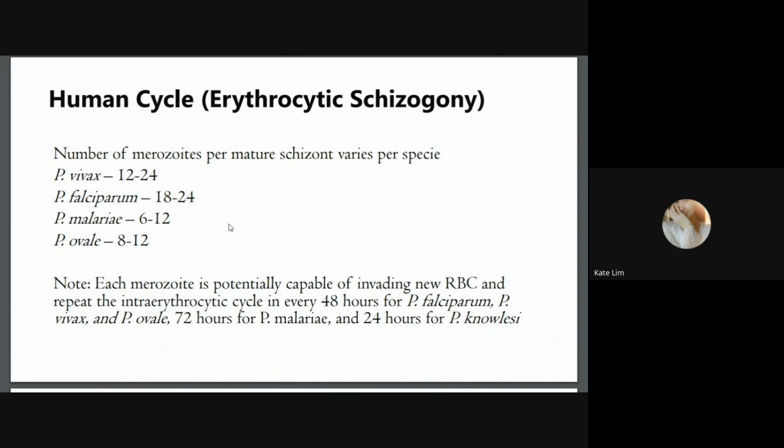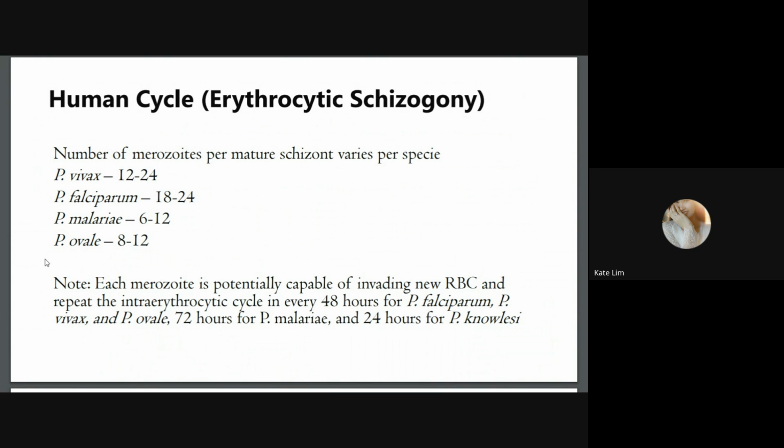Plasmodium vivax produces 12 to 24. Falciparum, that would be 18 to 24. Malariae, 6 to 12. Ovale, 8 to 12 merozoites. As you could see, among the four Plasmodium presented to you, Falciparum has the most merozoites.